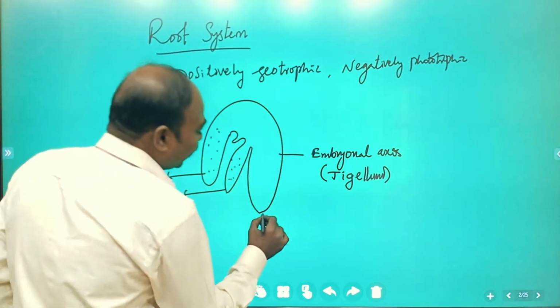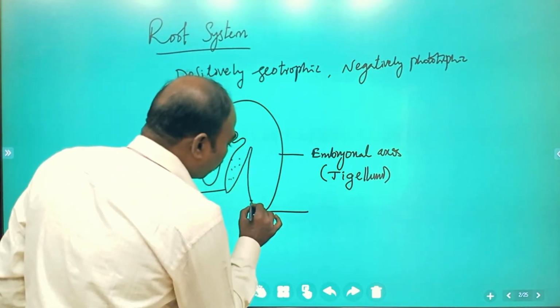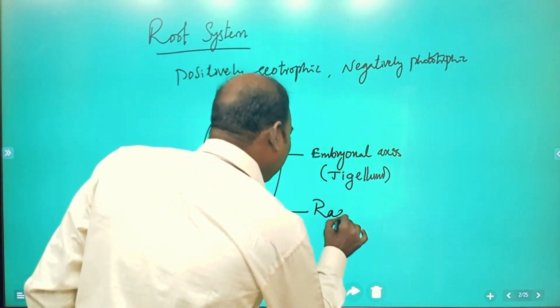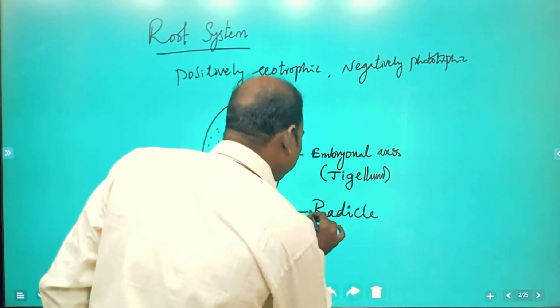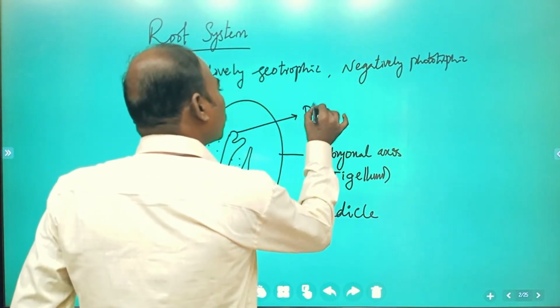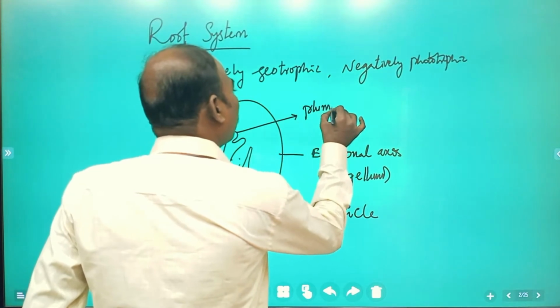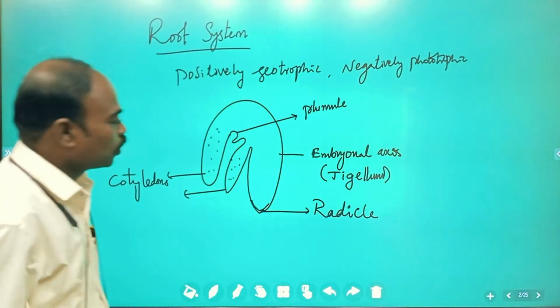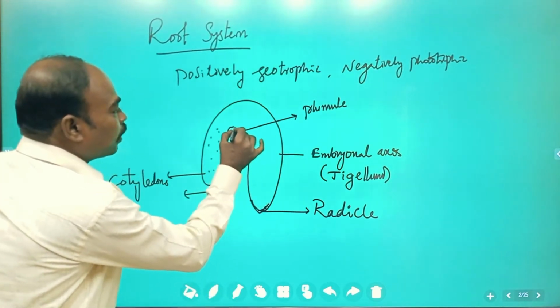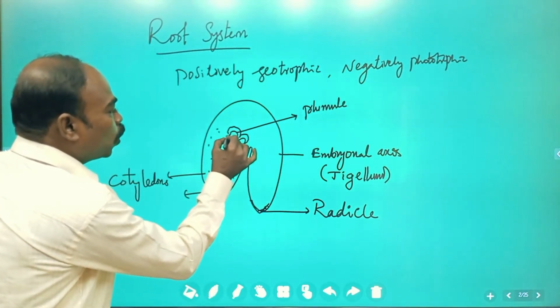We have two growing regions, that is a root growing region called radicle and a shoot growing region called plumule. So this area is called radicle. This area is called plumule.